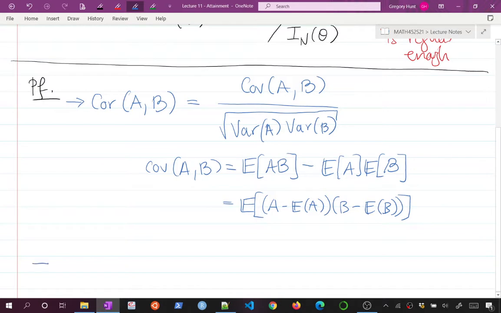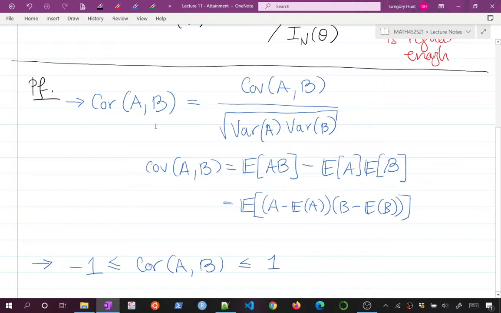So these are some basic facts about correlation. The second basic fact about correlation, which I typically prove when I teach 451, is that the correlation between two random variables is always restricted to be between plus and minus 1.